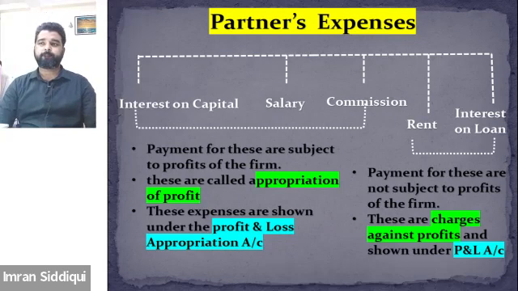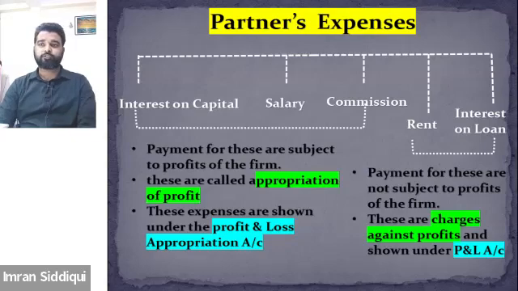But on the other hand, rent and interest on loan are considered as a charge against profit. That means irrespective of whether the firm is generating profit or not, the firm has to make the payment for these kinds of expenses.